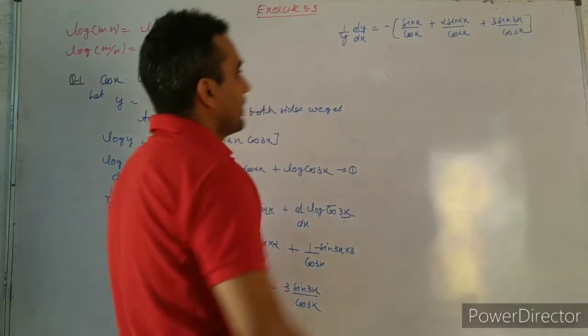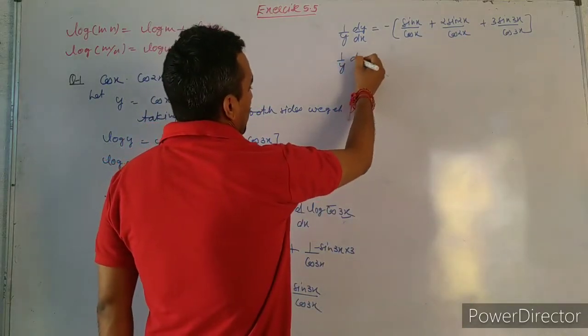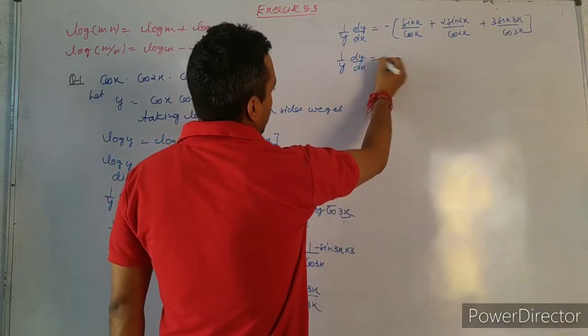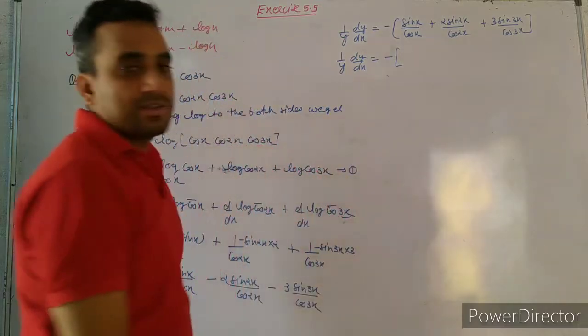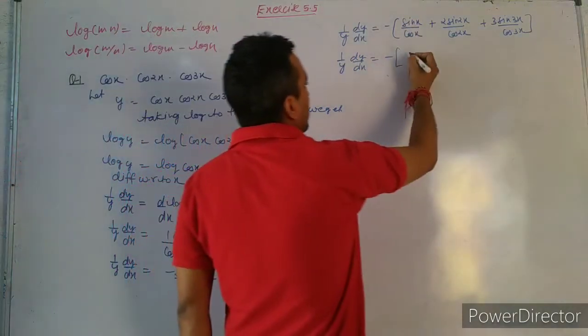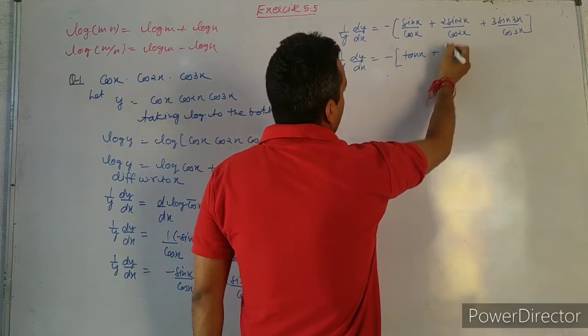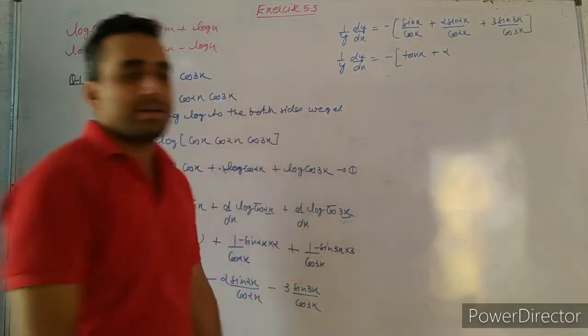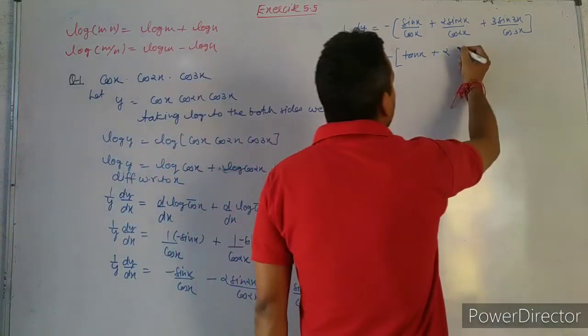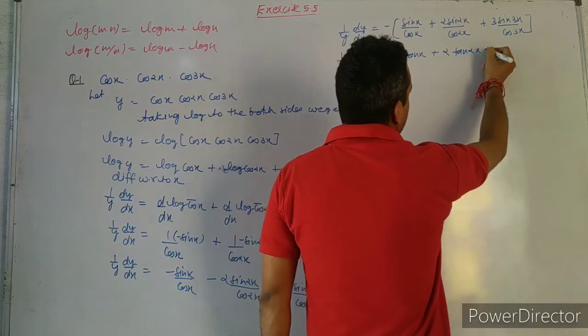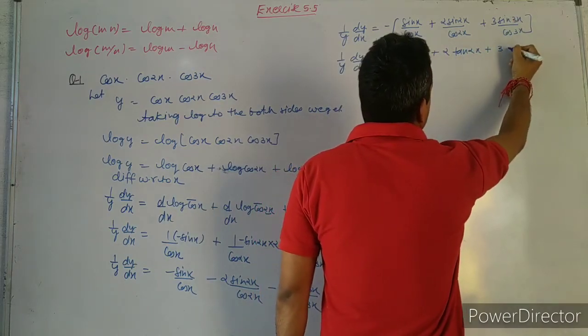As you can see here, sin x upon cos x gives tan x, the 2 will remain as it is, sin 2x upon cos 2x gives tan 2x, and sin 3x upon cos 3x gives tan 3x.